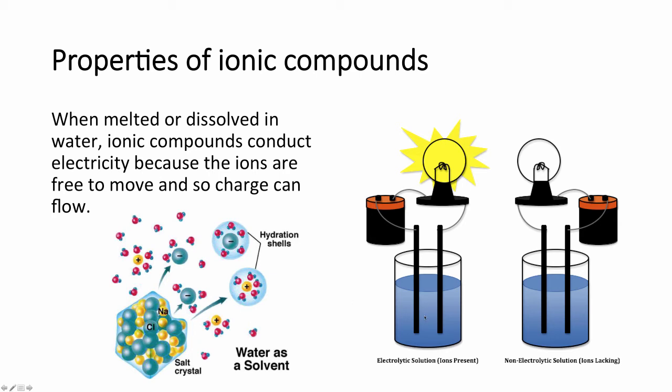So in this experiment here we have an electrolyte, that is ions present in solution, and those ions are able to carry the charge and make the light go on. Whereas if we do not have any ions, the light bulb cannot light up because there's nothing to complete the circuit.